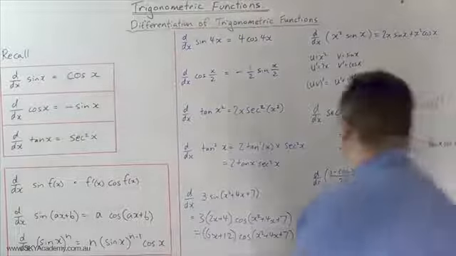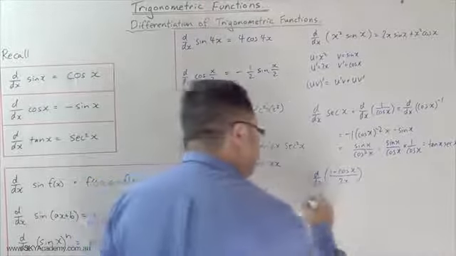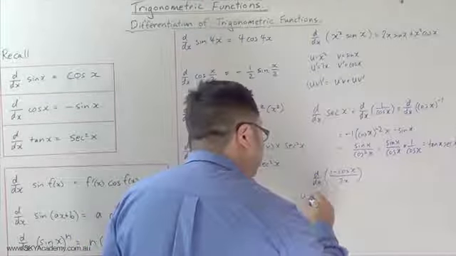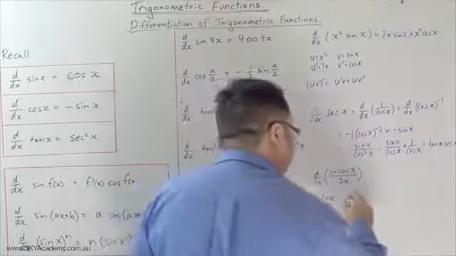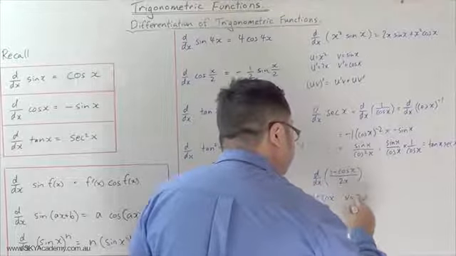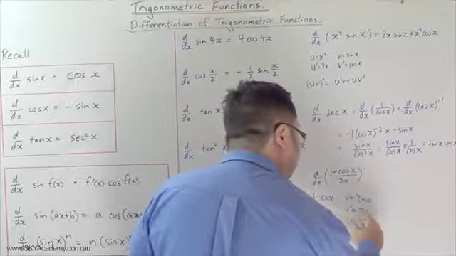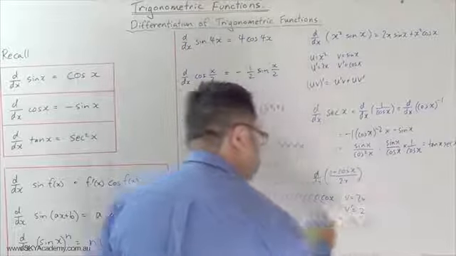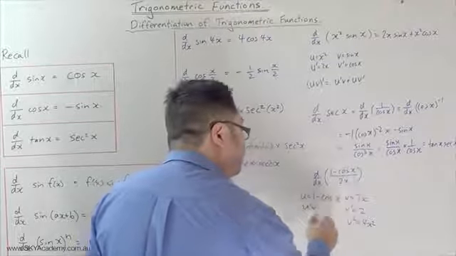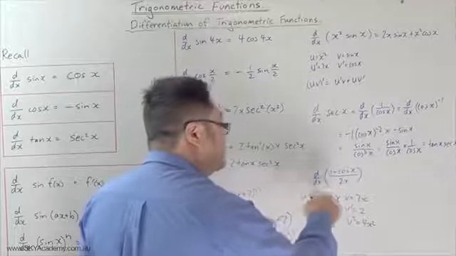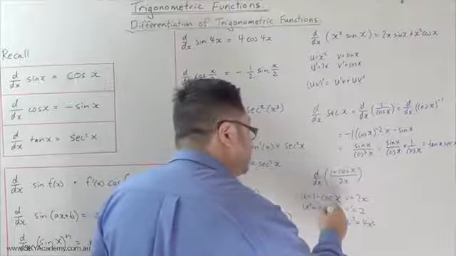Let's look at this one. This is a classic example of where you would use the quotient rule. You let u equal 1 minus cosine x, v equals 2x, v dash equals 2, v squared equals 4x squared, u dash equals sine x, because the differential of cos is minus sine, and with the minus out the front it will just be sine x.